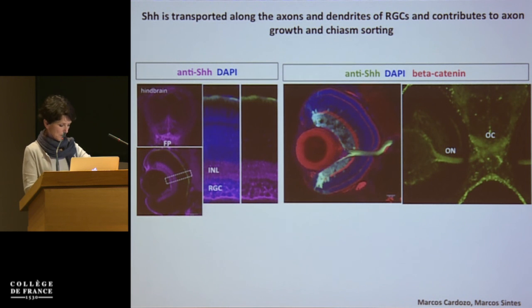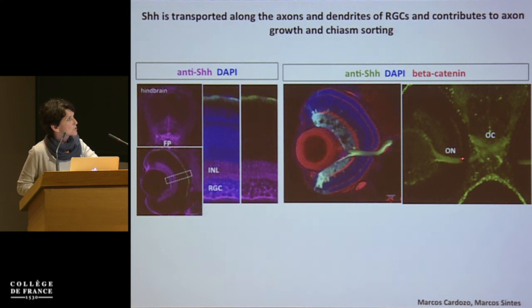visual system, because in zebrafish, where this contralateral ipsilateral sorting of the fibers does not occur, sonic is also strongly expressed in the retinal ganglion cells, in all retinal ganglion cells. And we observed that the protein is transported in the inner nuclear layer where dendrites of retinal ganglion cells are.